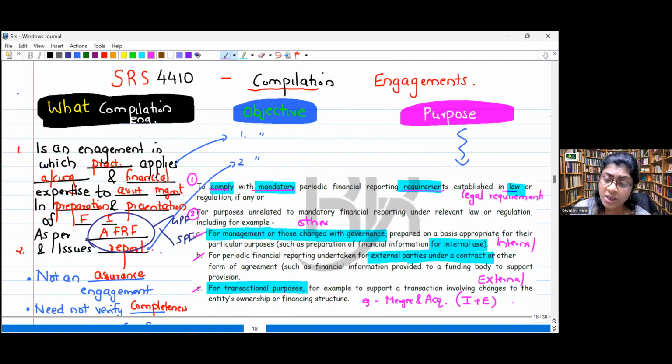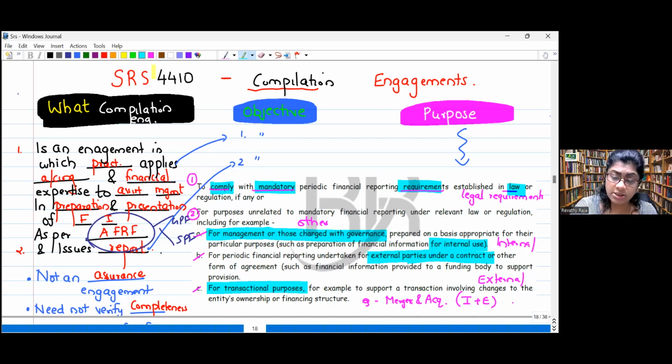Can the auditor himself compile the financials? Like we studied in SRE 2,410, auditor and review, can it be done by the same person? No, because it will arise as a self-review threat.